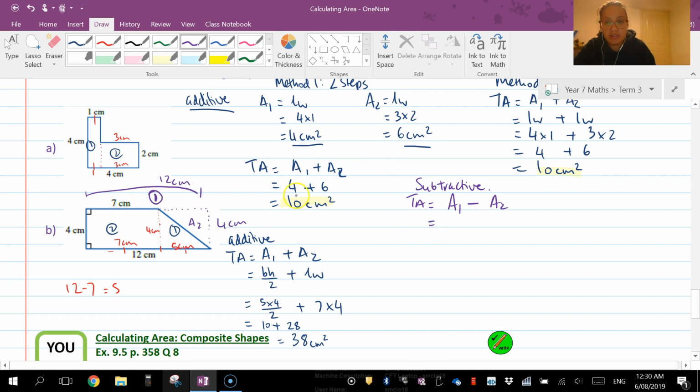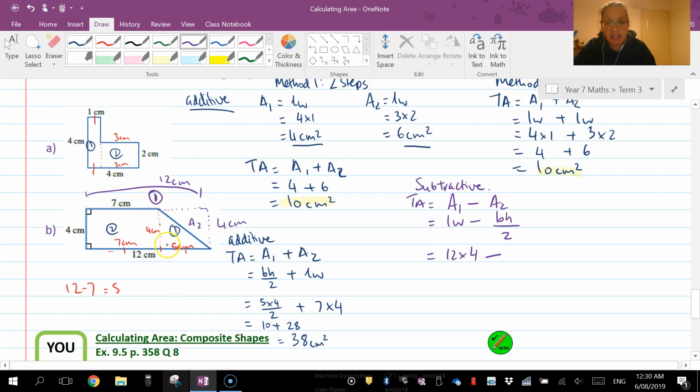So area 1 is going to be a rectangle, length times width, minus a triangle, base times height divided by 2. The length and the width, now this is where it's a little bit different. So the length is 12 by 4, because that's the height, or the width, minus the base. If the base of your rectangle is one of these sides here, let's go with this one here.